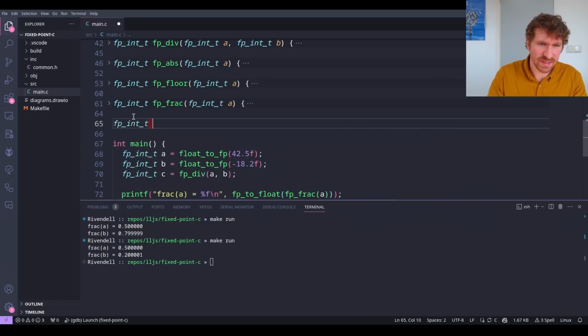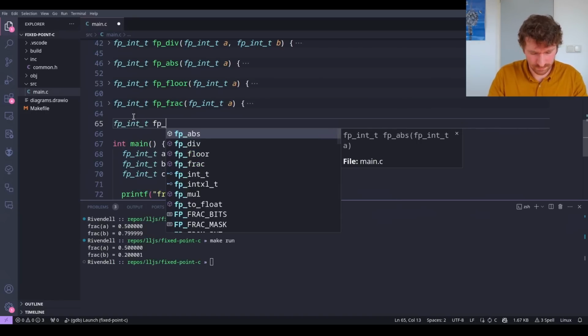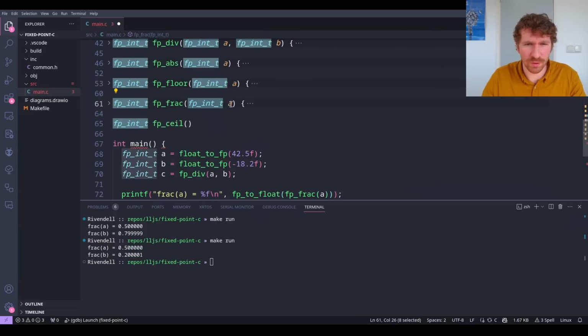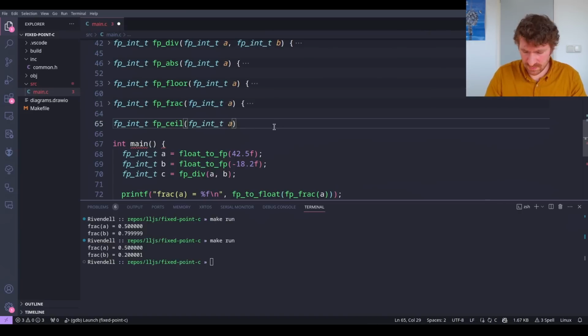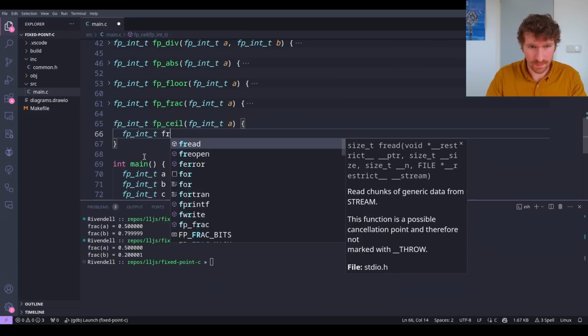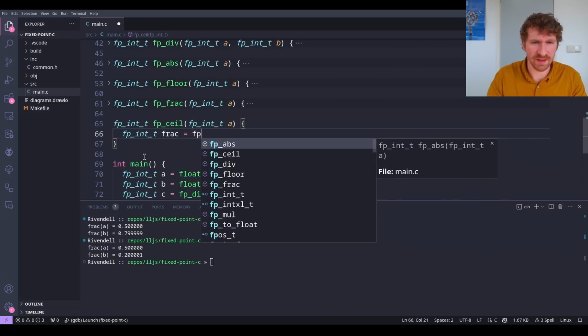fp int t. Okay, so what we're going to do here to get the ceiling is effectively we want to get the fractional part first. So let's do that. The fractional part is fp frac.